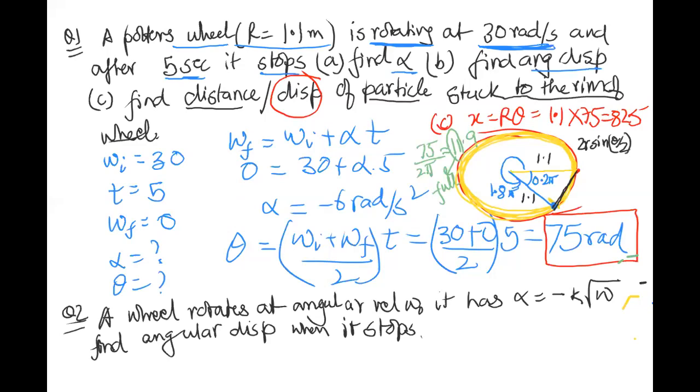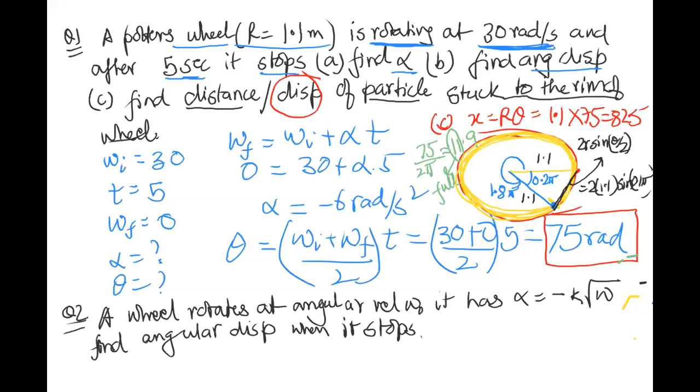This is the length of this side, and it will be equal to 2 into r, which is 1.1, into sine of theta by 2, which will be 0.1 pi, which I'm not going to calculate. This is only the magnitude of displacement. If I was really pedantic, I would ask you the direction of displacement as well, which should not be a big problem.